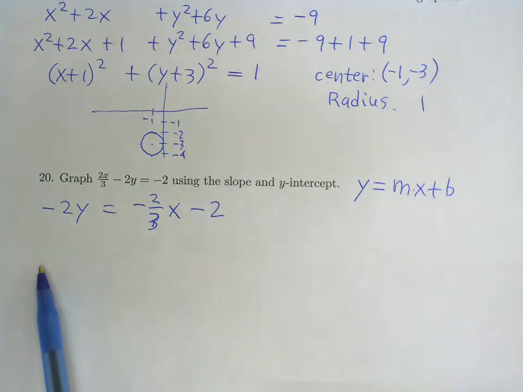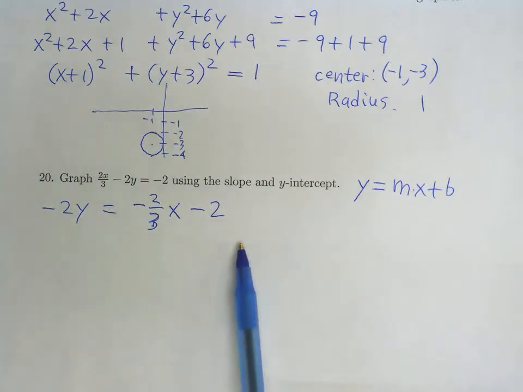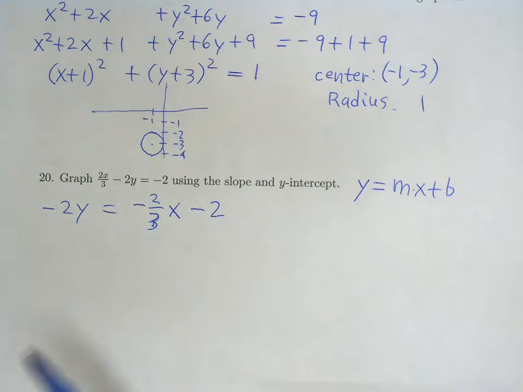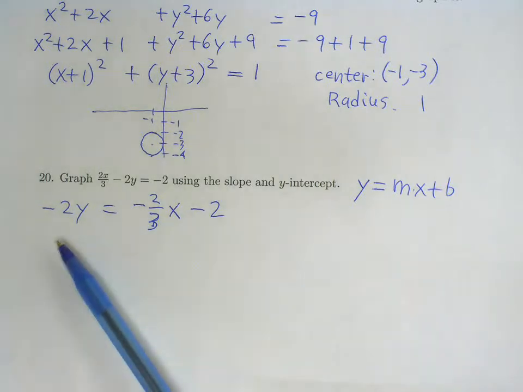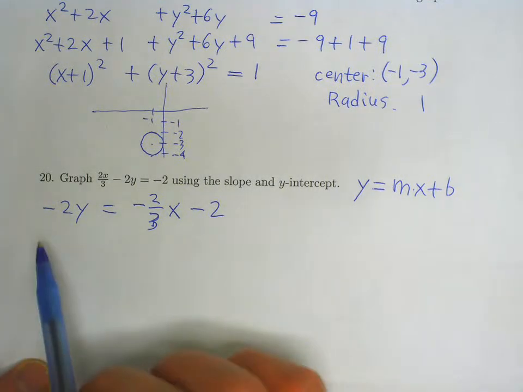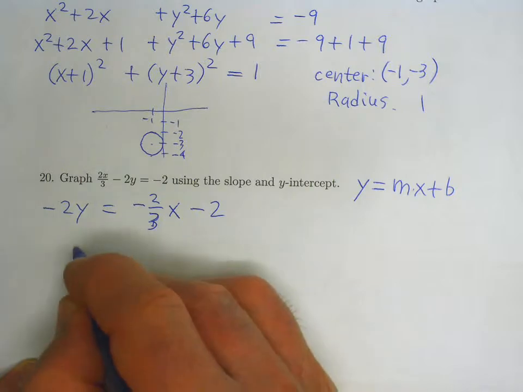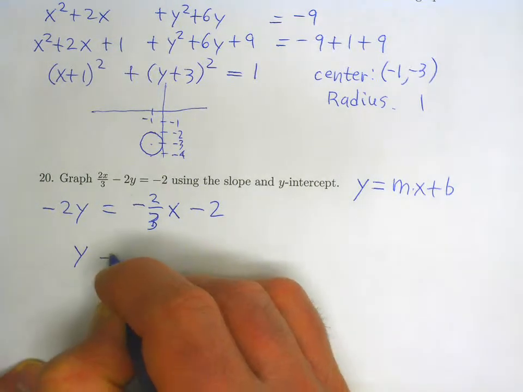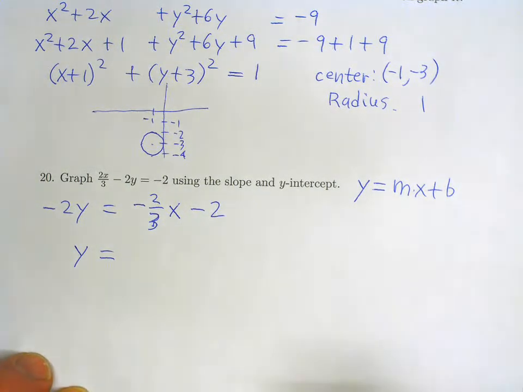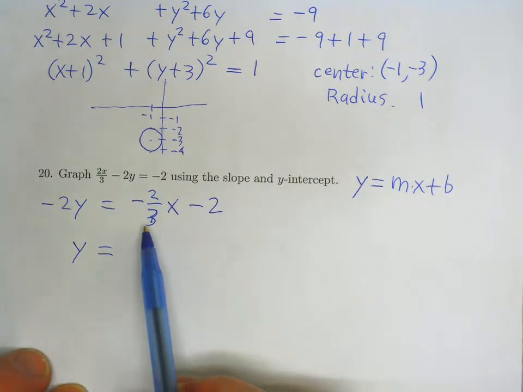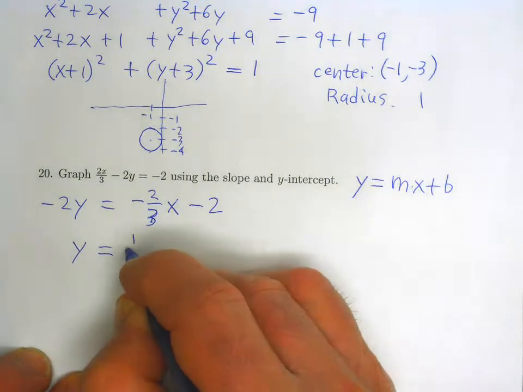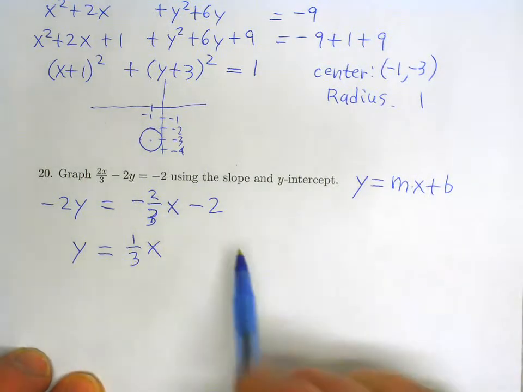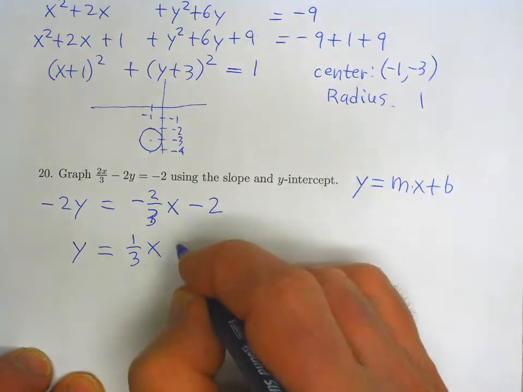Okay, then we divide every term on both sides by -2, or equivalently, we can multiply both sides by the reciprocal of -2. Either way, -2y divided by -2 is positive 1y, or y. And if I divide -2/3 x by -2, I'll be left with positive 1/3 x. And then -2 divided by -2 is positive 1.